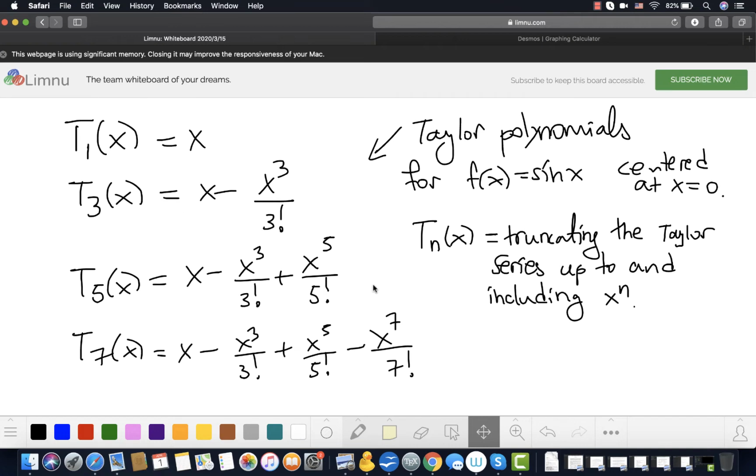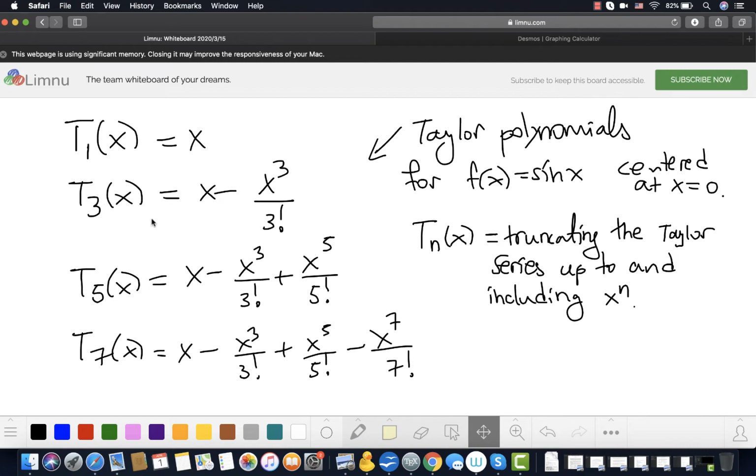So what we're hoping to see in the graphs that I'm about to show you is that t1 is going to be a line that represents the function sine x. It's going to look like sine x, but it's going to be kind of a bad approximation.